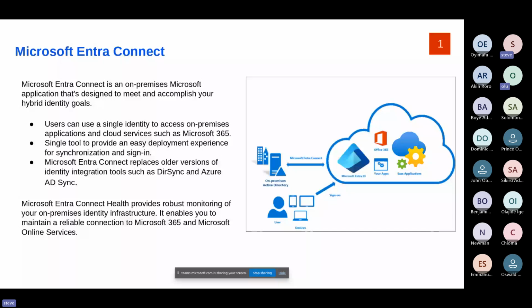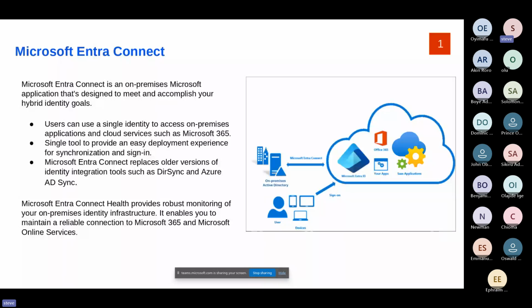So what is the Microsoft Entra Connect? I'm sure some of us might be going through probably the AZ500 or the SC300 or SC200, and authentication and authorization is one thing that seems to cut across most of it. Now, what is the Microsoft Entra Connect? It is an on-premise Microsoft application that is designed to meet and accomplish your hybrid identity goal.